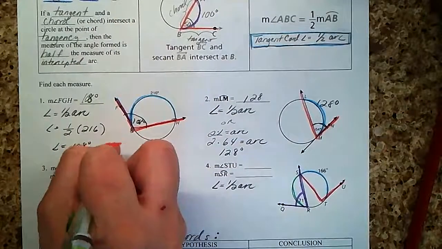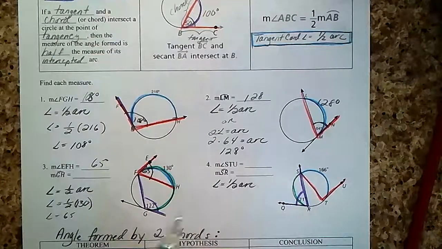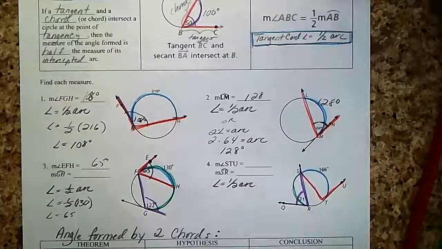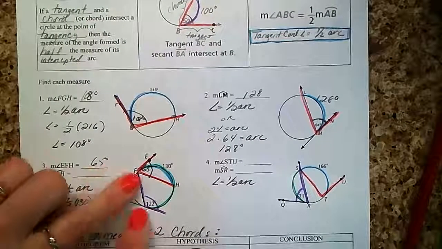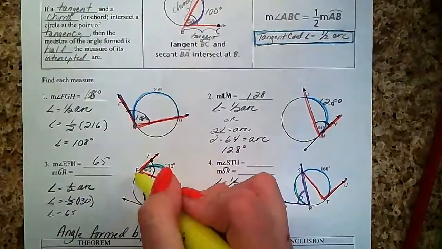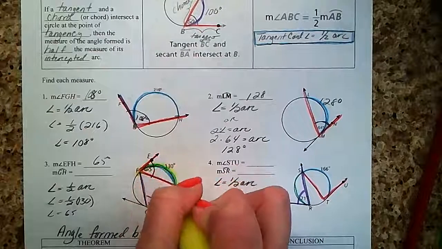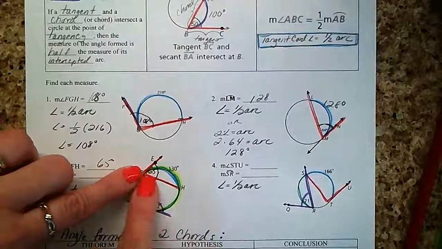Okay, so we just found that one. Now we have to find arc GH. Now this one's going to be a little trickier. Let me use a highlighter on this one. This angle right here is 122. That's important. And if you notice, the chord FG starts at F and goes all the way around here to G, because the angle is open this way, not this way, in this direction.